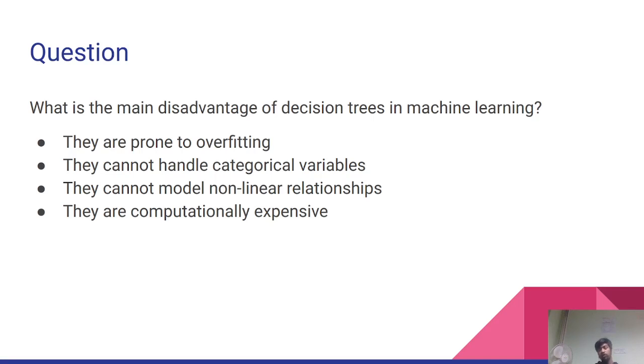This kind of thing will be there, just based on a few input examples. Even though there are some outliers, it will try to map them into that pattern. So this is what we call overfitting, and this is one of the major disadvantages of decision trees.